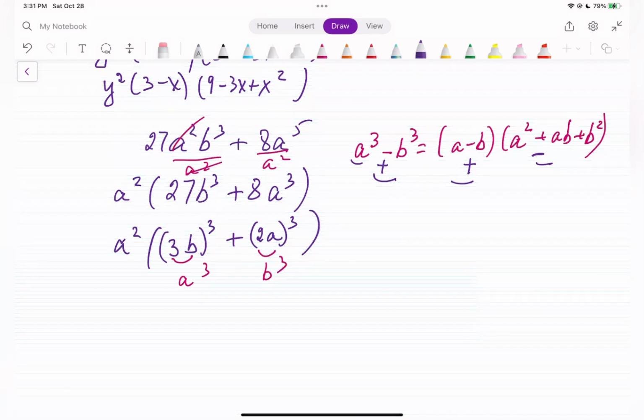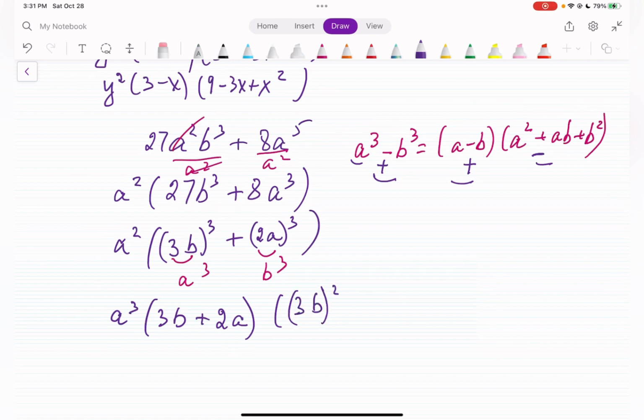And the result is a cubed, it's going to be 3b plus 2a, right? And then 3b squared, I'm going slow again, minus 3b times 2a, and then plus 2a squared.